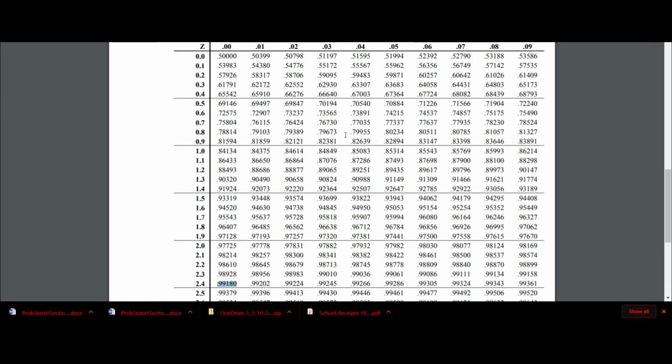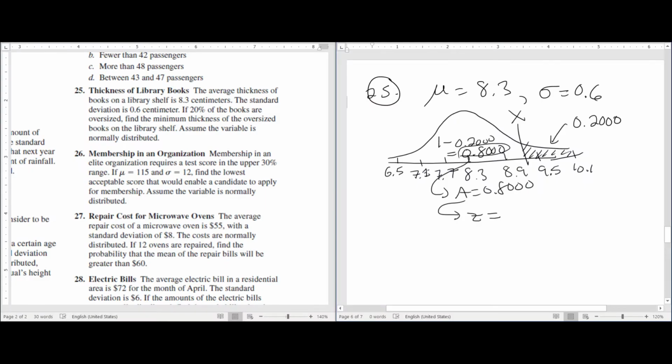If you look here, we have 0.802, 0.7995. That's the closest one to 0.800, so we're going to use that. So the z-score that corresponds to that is 0.84. So 0.84 is going to be my z-score.